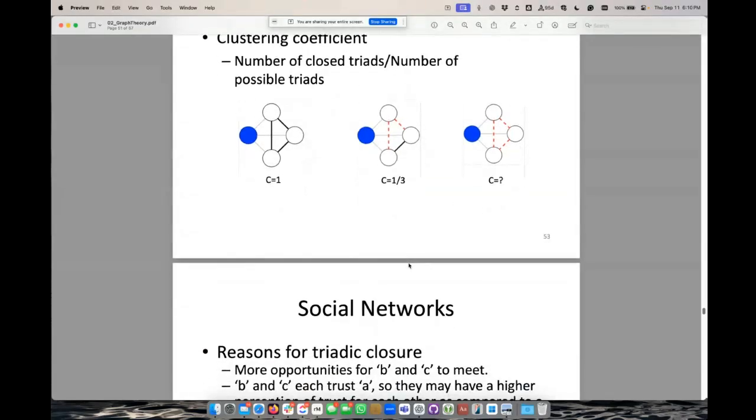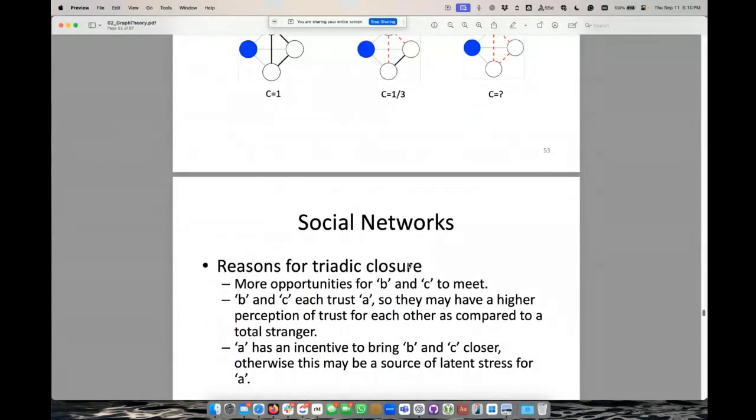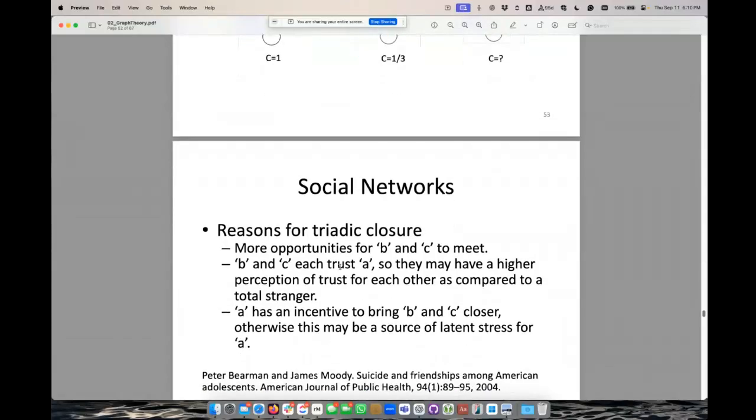All right. Now, there are multiple reasons for this type of triadic closure. Let's say two individuals B and C are not friends, but they have a lot of common friends. Then they have more opportunities to meet or run into each other. Hence, they are more likely to be friends in future.